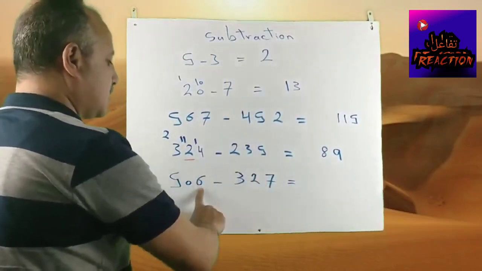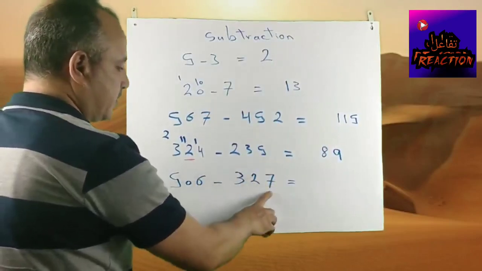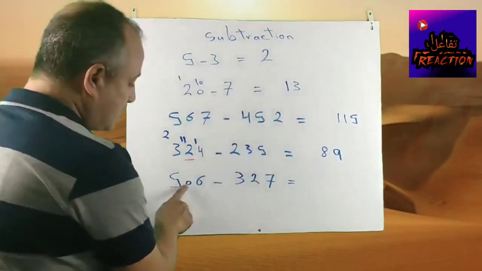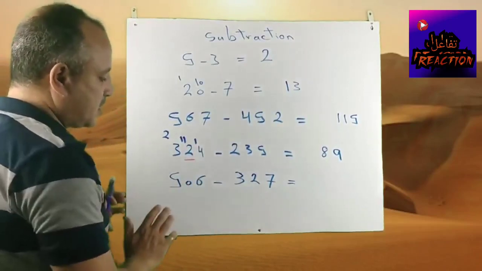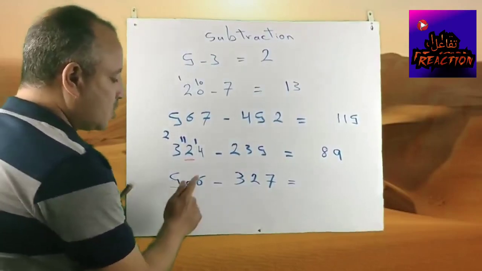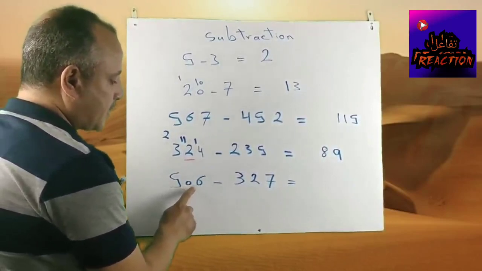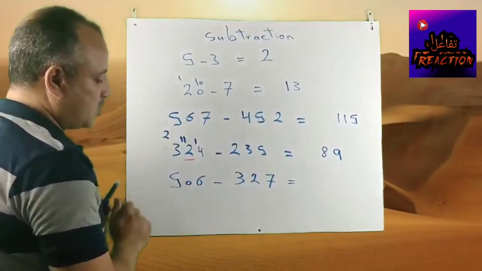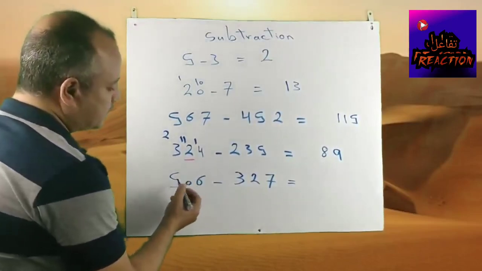We cannot subtract 7 from 6 as we said before, because 6 is less than 7. So what to do? This 6 has to borrow from this 0, but this 0 cannot lend 6 because it has nothing. 0 means nothing. So how will this 0 lend to 6?